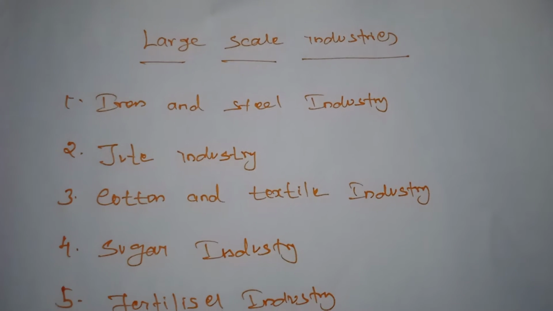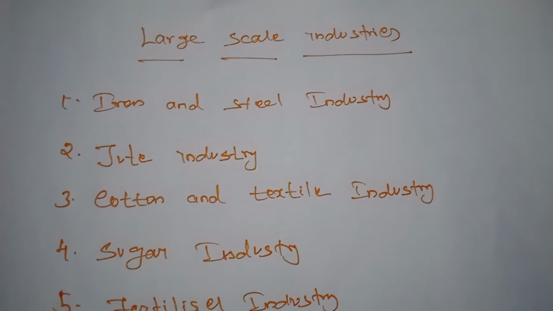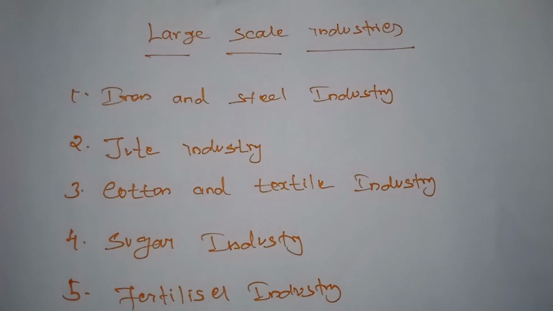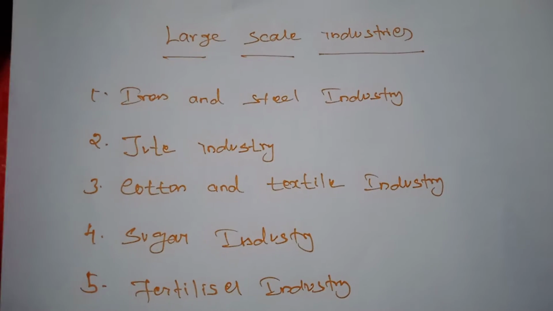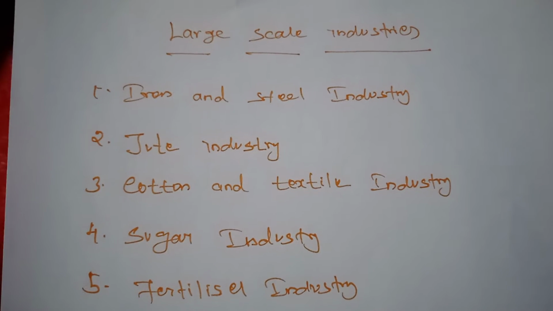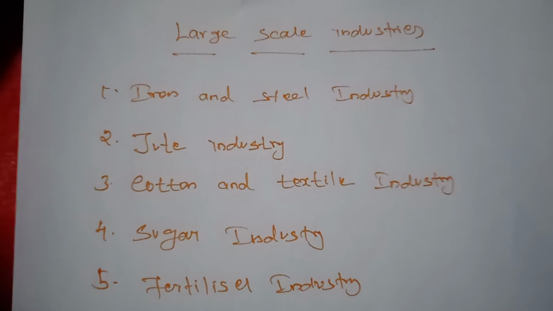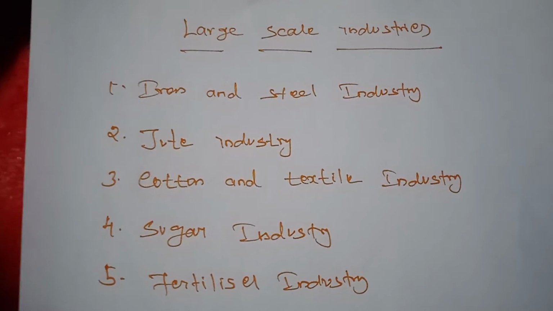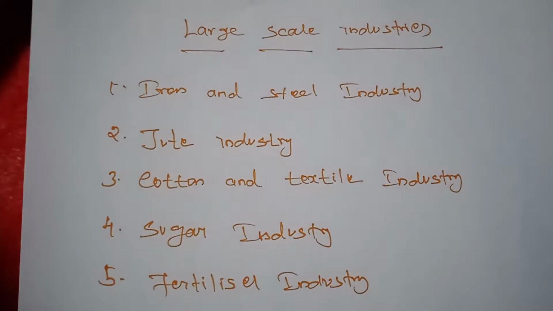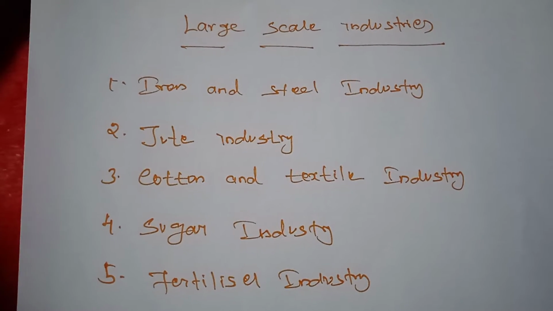So what are the large scale industries in our nation? First, the iron and steel industry. The first steel industry was at Kulti, located in West Bengal. And the first large scale steel plant, TISCO, was located at Jamshedpur, followed by IISCO.